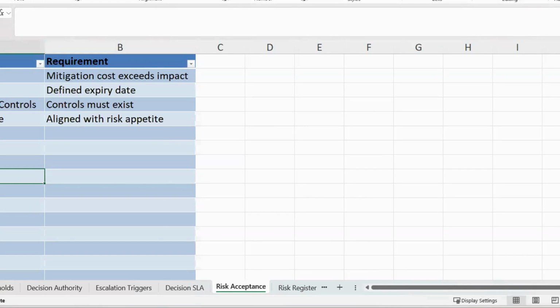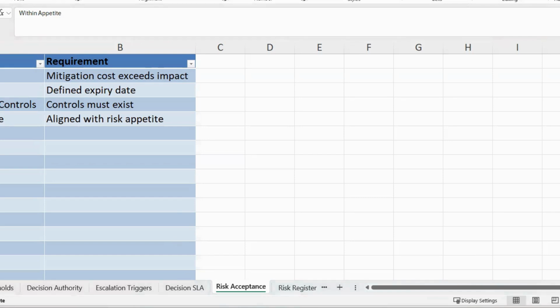So these are the only factors that determine whether or not risk can be acceptable. So as part of your risk acceptance criteria, you look at cost versus benefit. You look at temporary, you look at compensating controls, you look at whether or not they're within appetite.